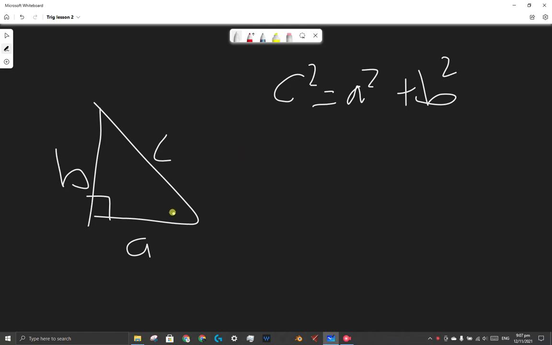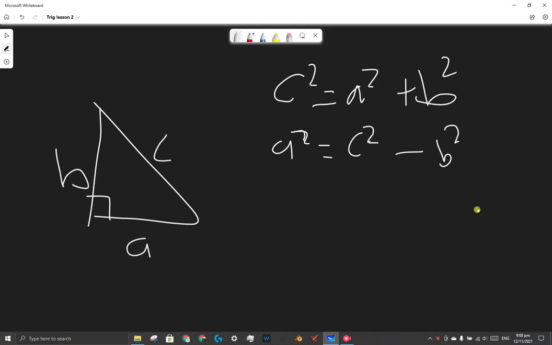Next up, we will also rearrange. Say if we want to calculate a, then we put a squared equals c squared minus b squared. Basically, it's just changing the position of these two. But one thing you should remember well is to make sure that c squared is always first, because c squared is the longer side, so you always want to have the biggest number and take away a smaller number.